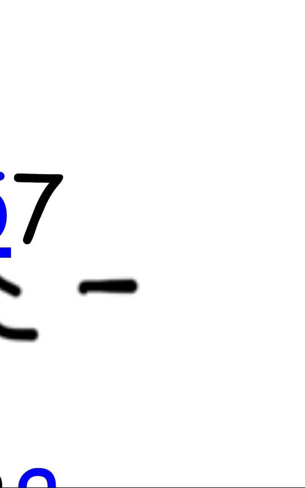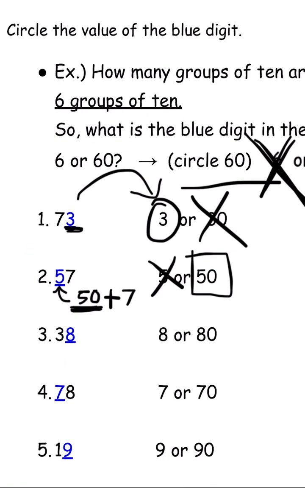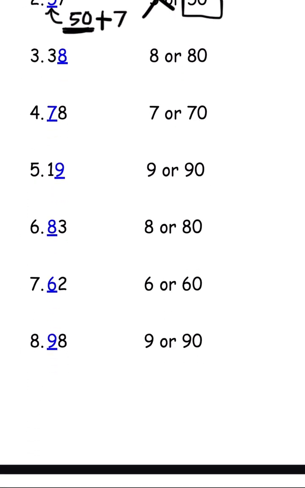Because this is same as 50 plus 7, right? So it shows that 5 over here is not really 5. It's going to be 50 when we look at it as a place value, right?